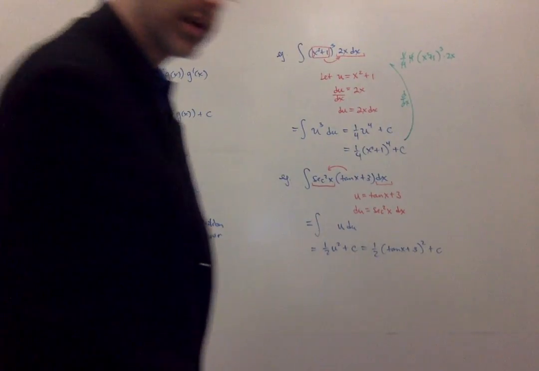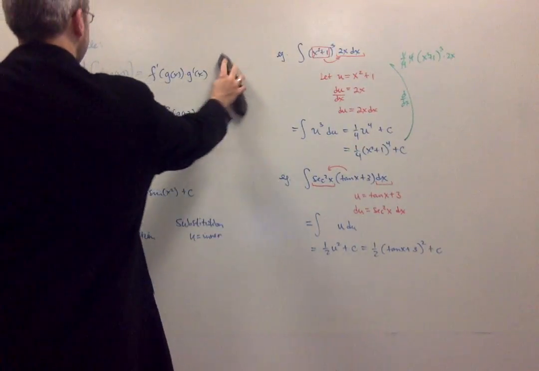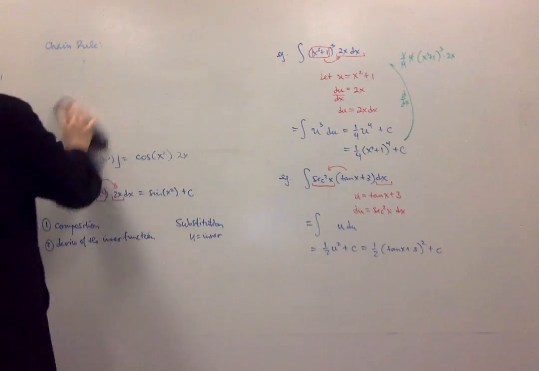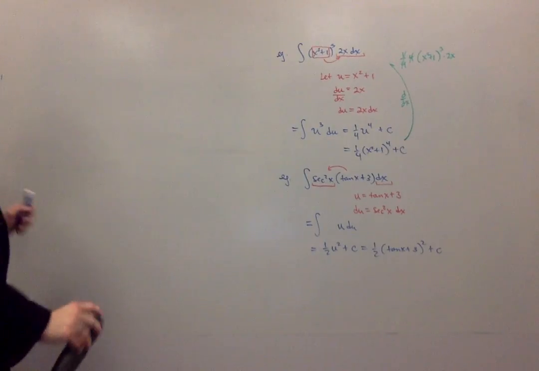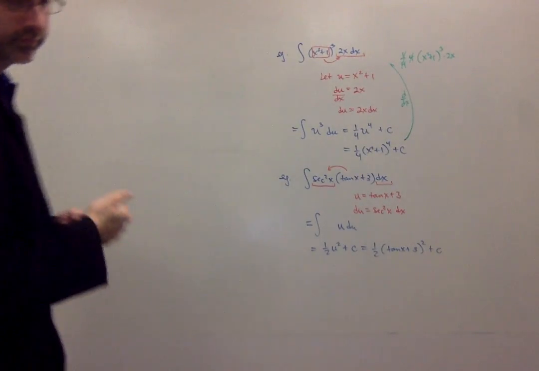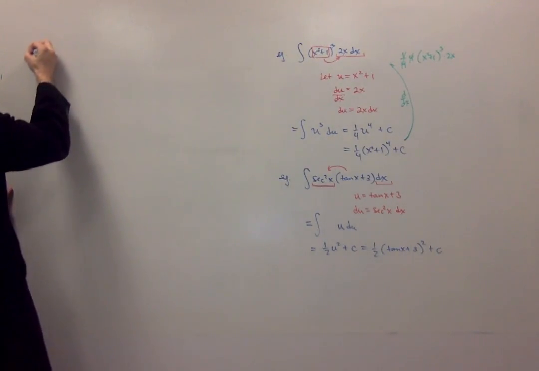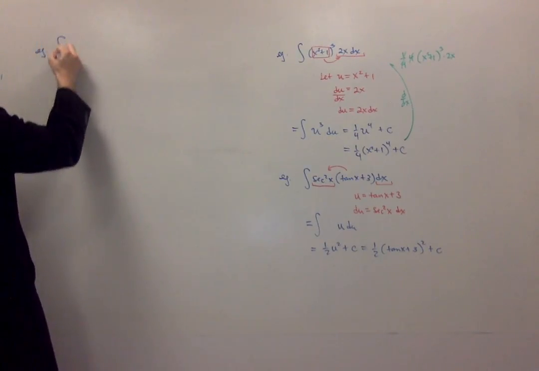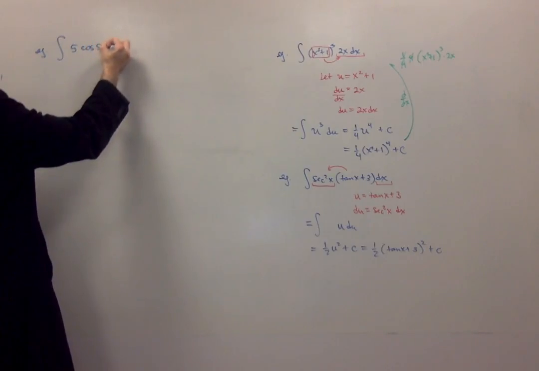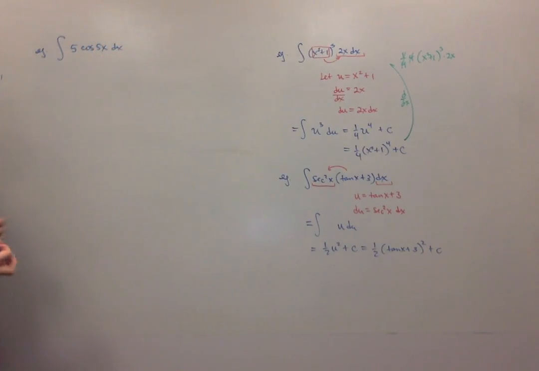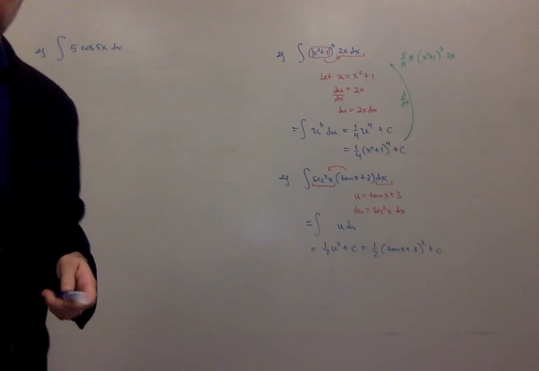Let's try another example here. Five cosine of 5x dx. Okay.